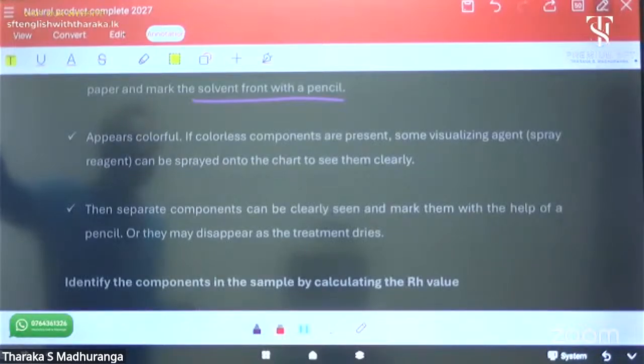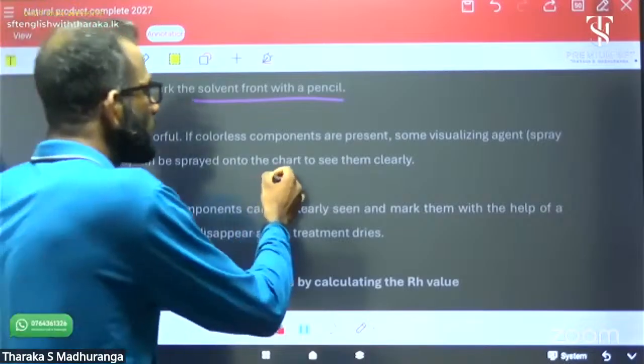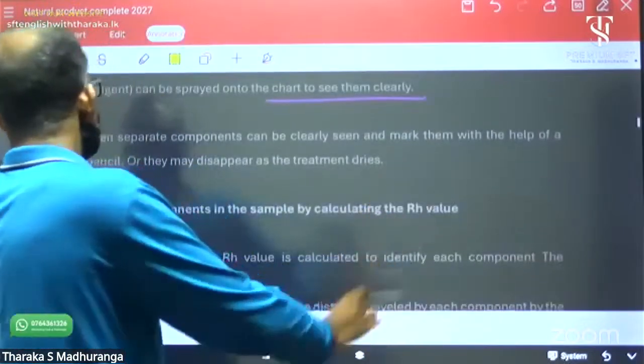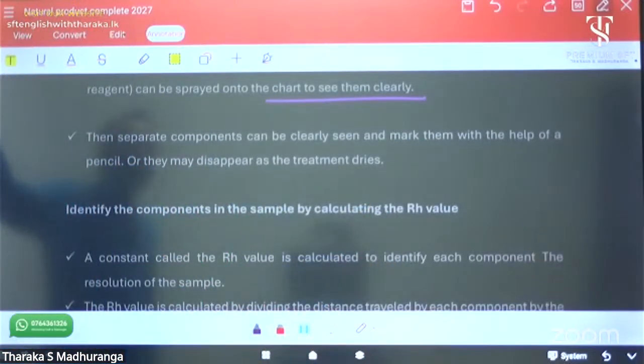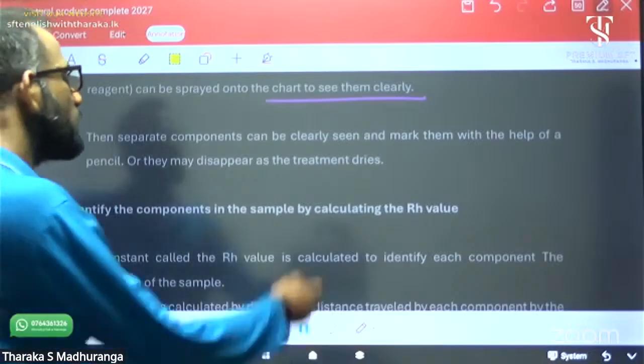If colorless components are present, some visualizing agents can be sprayed onto the paper to see them clearly. Then the separated components can be clearly seen and marked with a pencil, or they may disappear as the treatment dries.